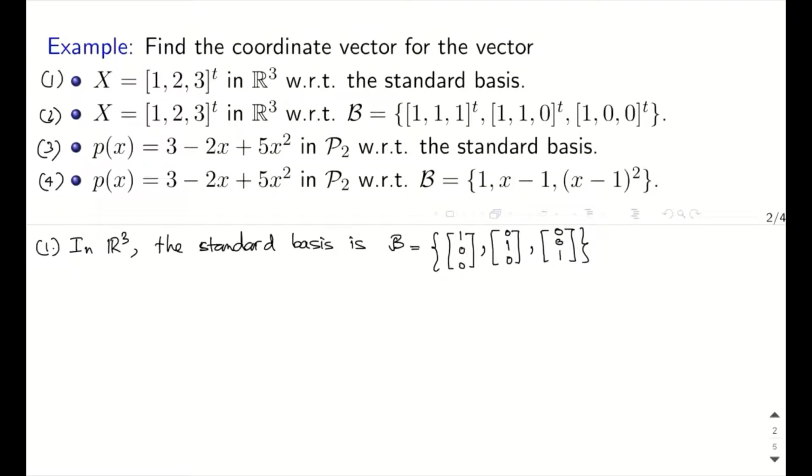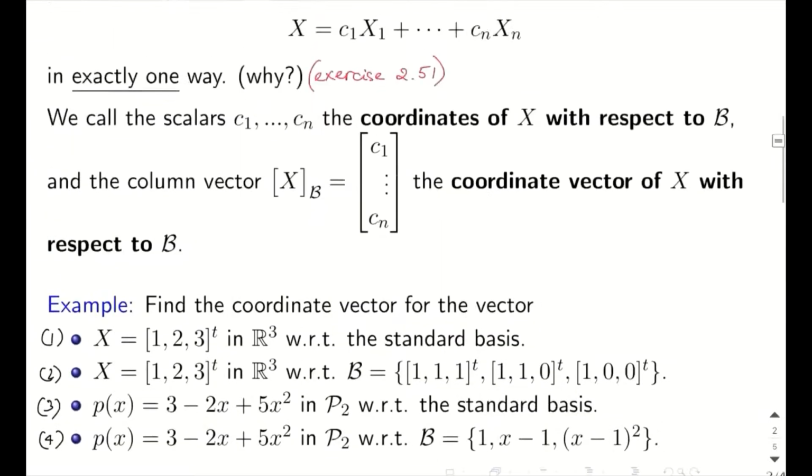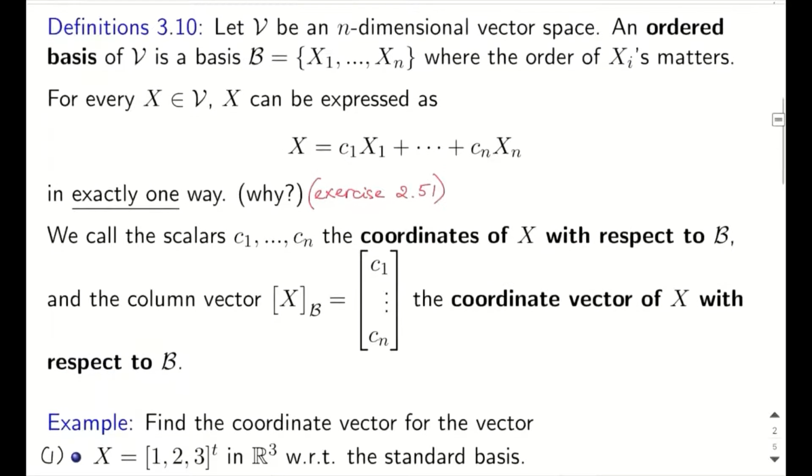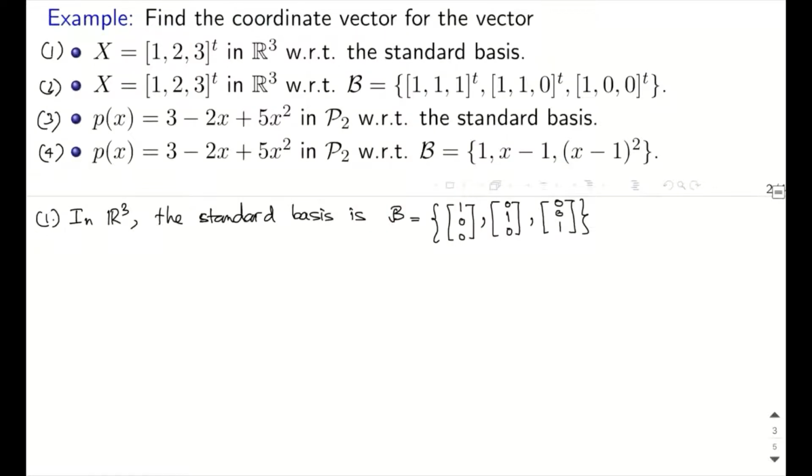If you want to find the coordinates of a vector with respect to a basis, the first thing you want to do, as the definition says, is express the vector given to you as a linear combination of the vectors in the basis. So we express x, which is 1, 2, 3, as a linear combination of the three vectors here.